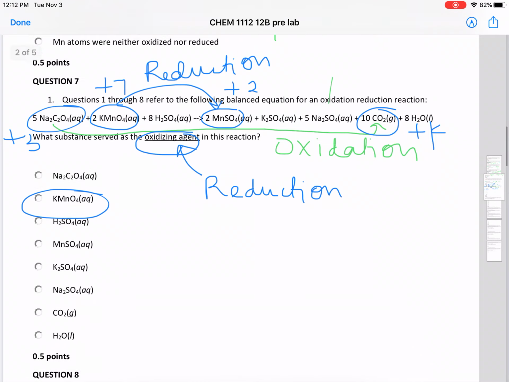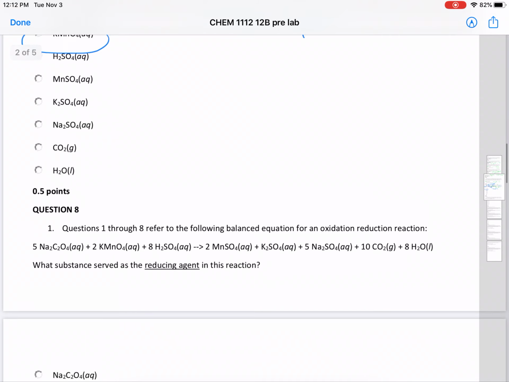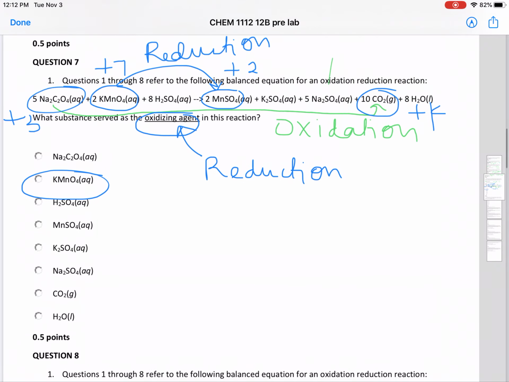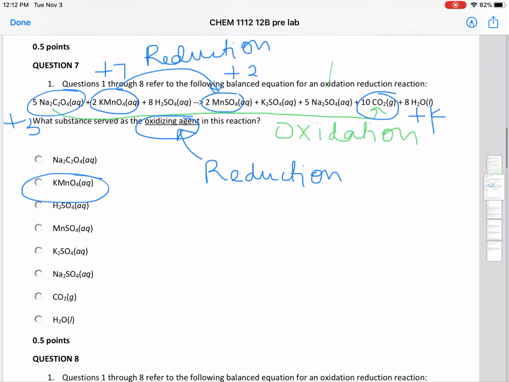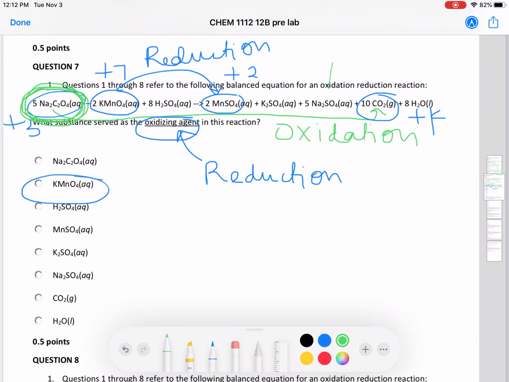Okay, and then the next one asks what substance serves as the reducing agent. Now the reducing agent is the one that undergoes oxidation. Who is undergoing oxidation? We talked about it. Sodium oxalate undergoes oxidation: +3 becomes +4 in carbon dioxide. So the species that undergoes oxidation is the reducing agent.